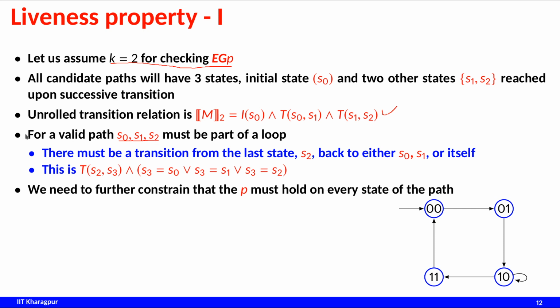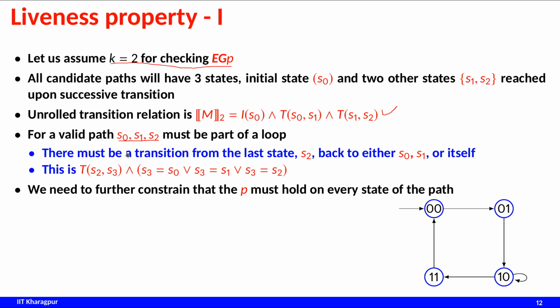Now the important thing is that this valid path should form a loop. If this valid path forms a loop, then we can say that P will eventually hold.